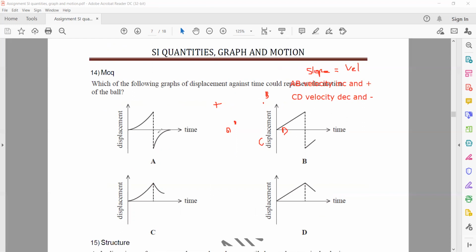But when you check the second option, the slope, meaning the angle with the x-axis, is decreasing, so the velocity is decreasing. But what about the value of the velocity? Is it positive or negative? When we check y1 and y2, y2 is above y1, so the velocity is decreasing, but it is a positive velocity, not a negative velocity, so it cannot be A.